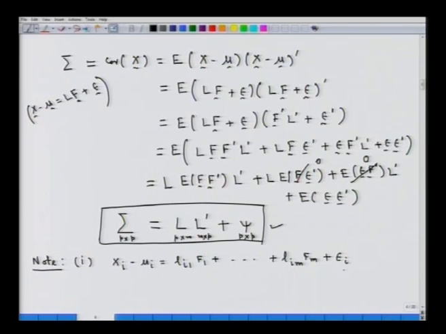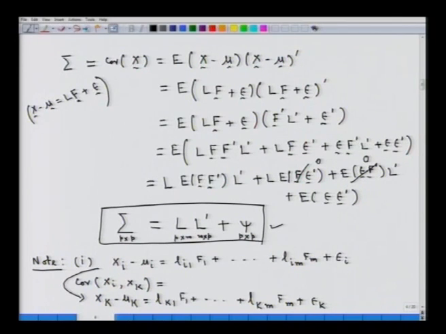Now we can ask what is the covariance of xi and xk. The covariance between xi and xk, of course, is the ikth element of the sigma matrix. From this relationship, if xi minus mu i is equal to this, then corresponding to the kth variable, xk minus mu k would be equal to Lk1 times F1 plus and so on up to the kth row, Lkm times Fm, plus epsilon k.